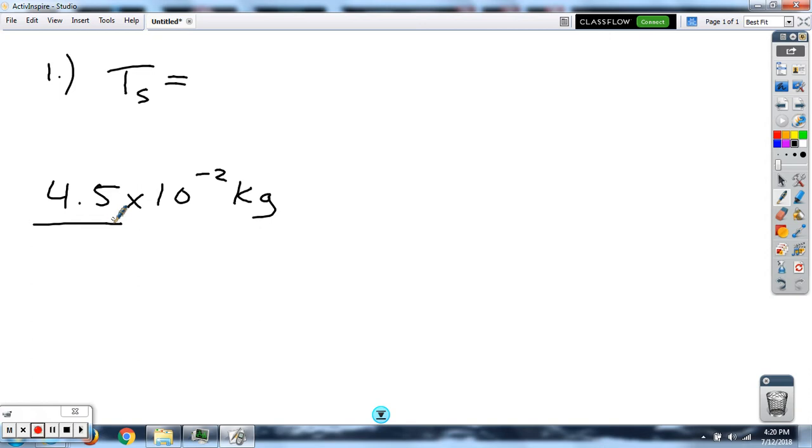So no matter what the calculator tells you, your solution should also be 2 sig figs. So what I get is 3.0 times 10 to the minus 2. And now you need appropriate units for this value.